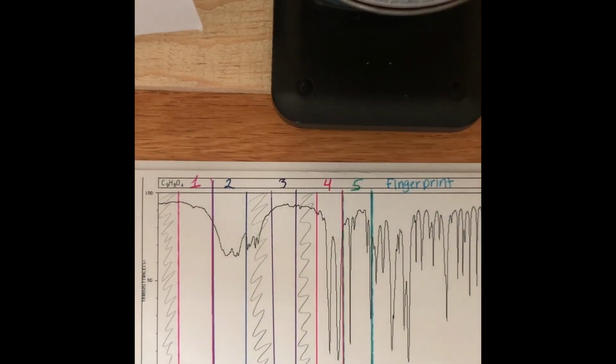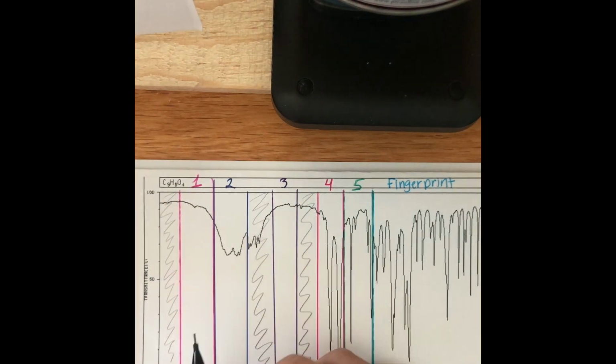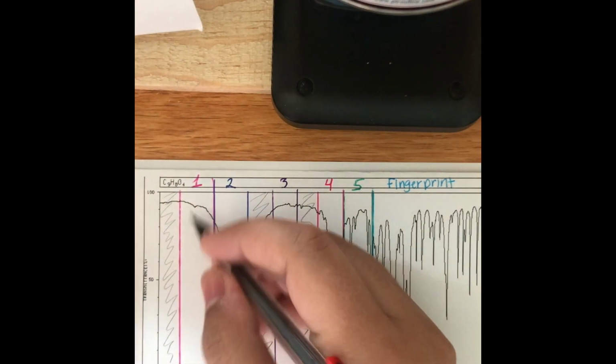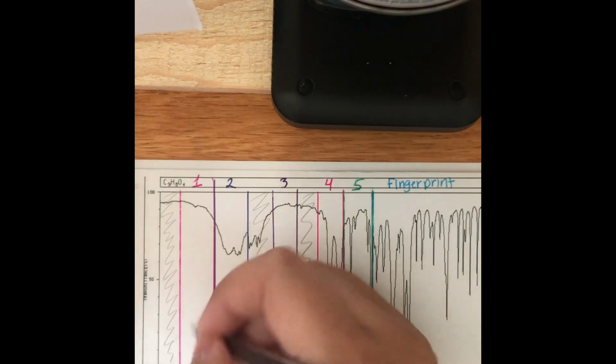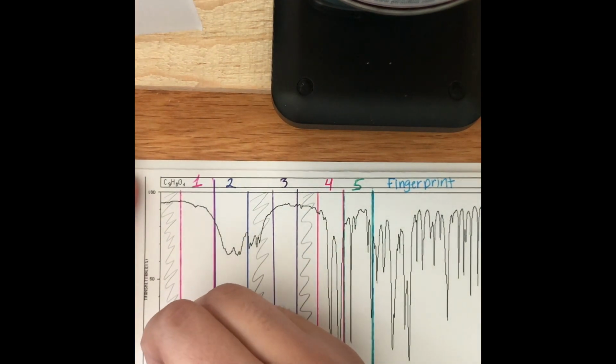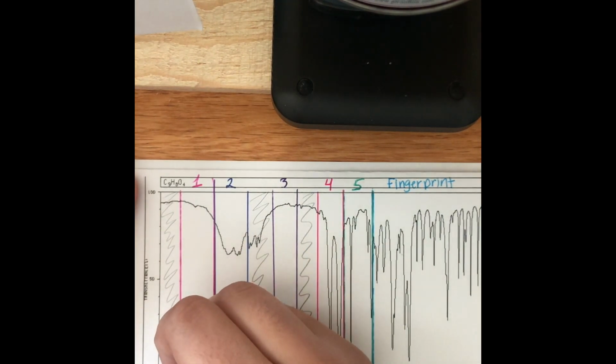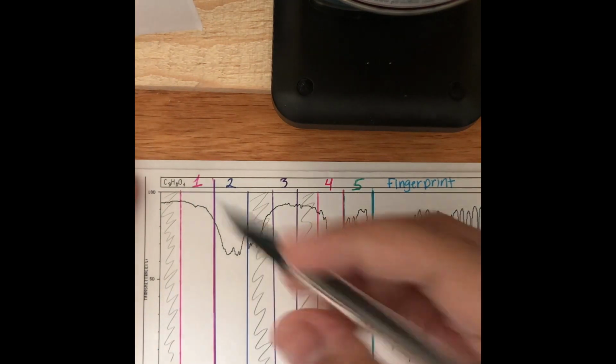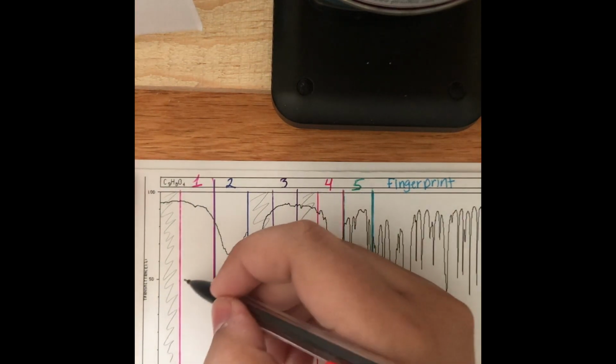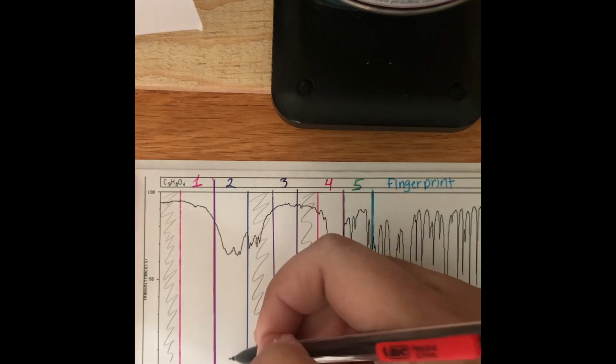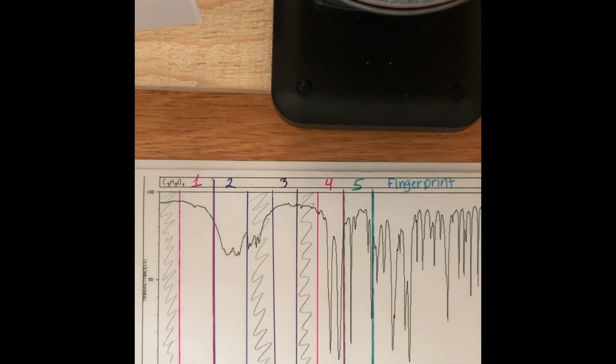Now we are going to look at the IR spectra. The IR spectra is going to give us a little bit more insight into what the mass spectra couldn't give us. So if we look at zone 1, we don't really have any indication of anything. So we have nothing in zone 1. And in zone 2, it may look like we have nothing since there are no peaks going past that 50 mark.